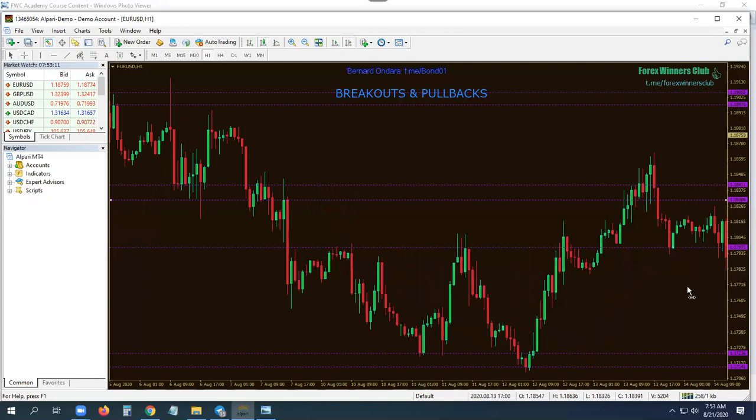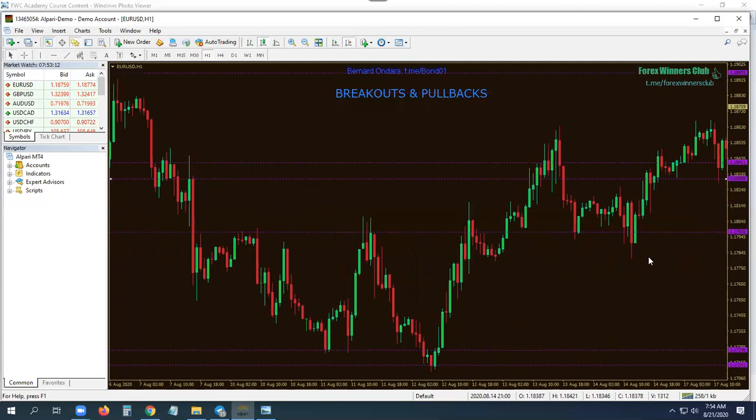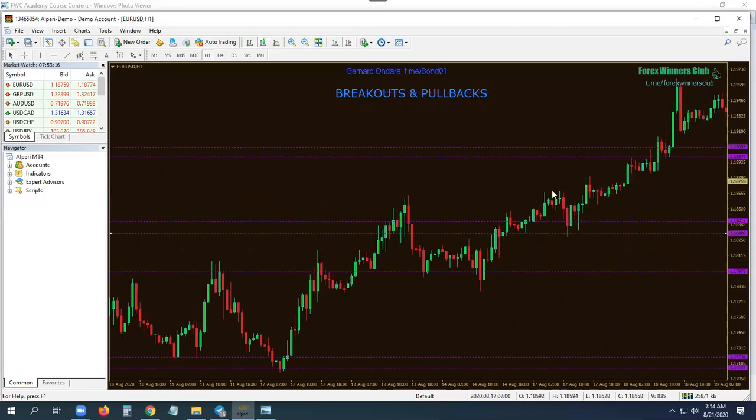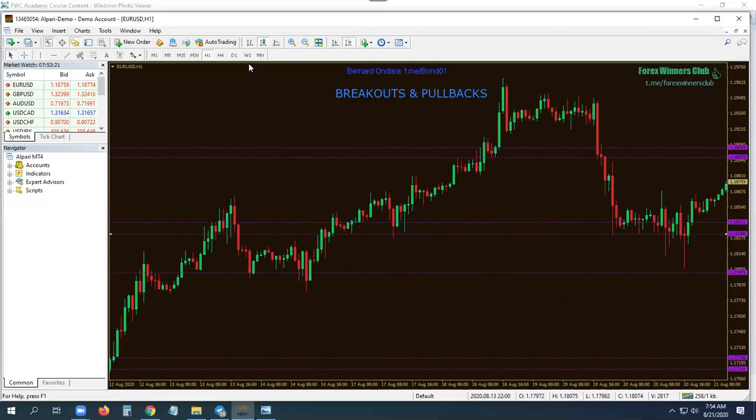Market respects that level, breaks the level, stays inside the level, breaks above the level. So when you hear of a breakout, this is what should come to your mind. You have a level on the chart, and maybe another level.